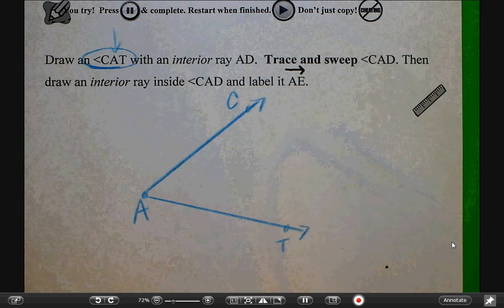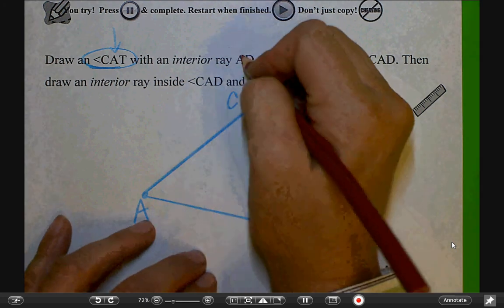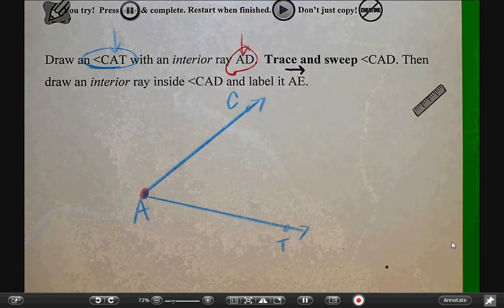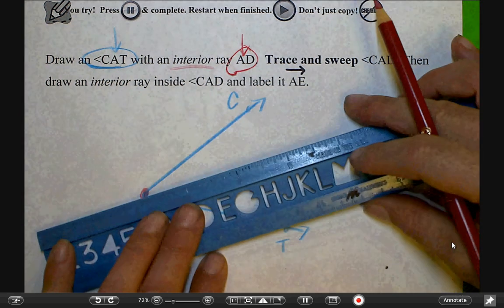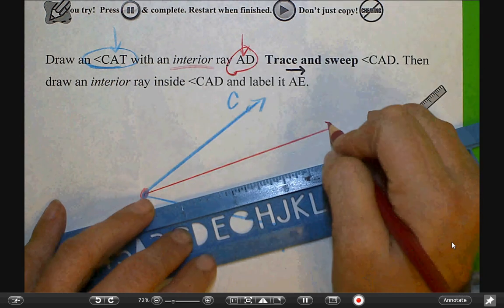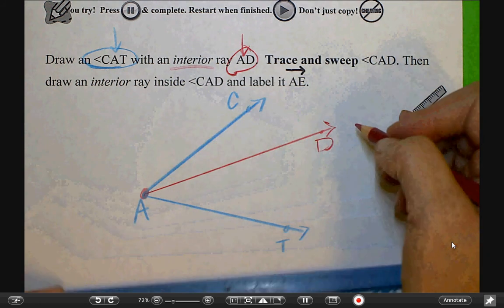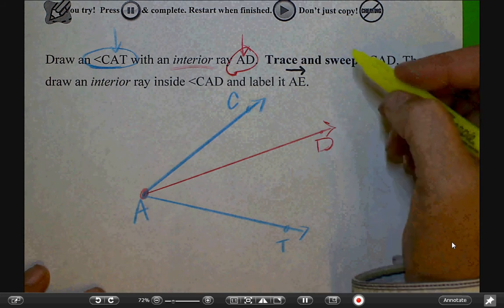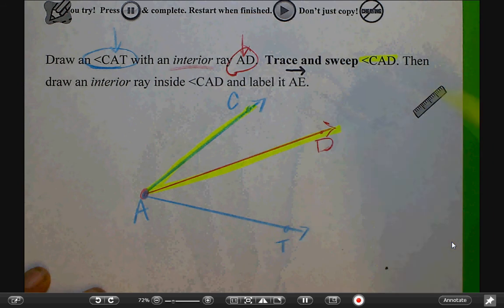It doesn't matter which one it is, as long as A is the vertex. And we have an interior ray AD, same letter, same point, so that is that point right there. I tell you it's interior, not a bisector, so do not put it in the middle. Offset it a bit. And it's A going to point D. Says, I want you to trace and sweep CAD. So you should have done this, C, A, and D.